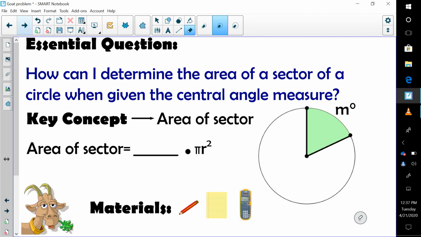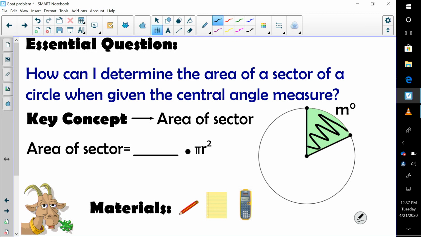Now, the key concept is area of a sector. You're going to see a lot of similarities between this concept and the concept that we discussed last week with the bicycle sprocket as the chain moved around the sprockets of the bicycle. This week we're dealing with area. With area of a sector, it is only a portion of the circle, not the full circle.